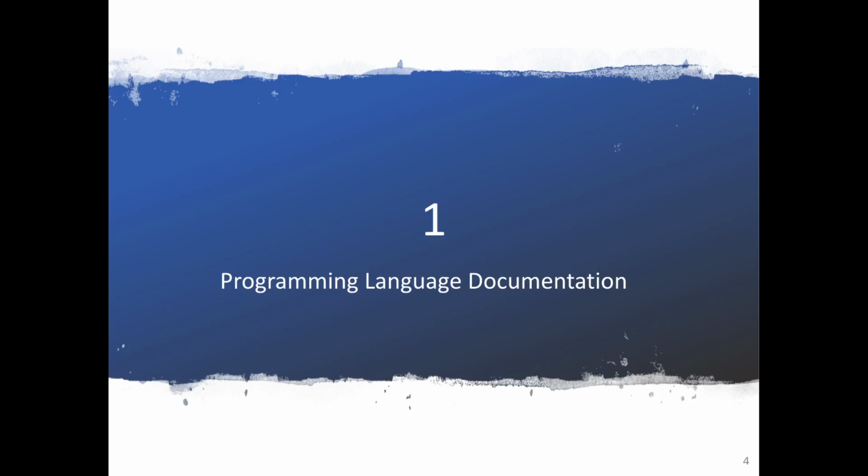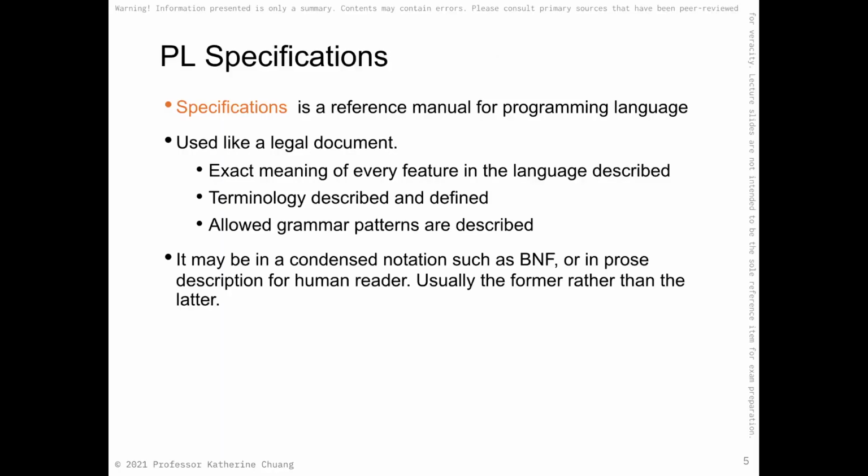Before diving into exactly all those ingredients, I do want to take a moment to say that when programming language designers think about their ideas and decide what they want, they end up documenting what they have created, and formally it's known as a specification.